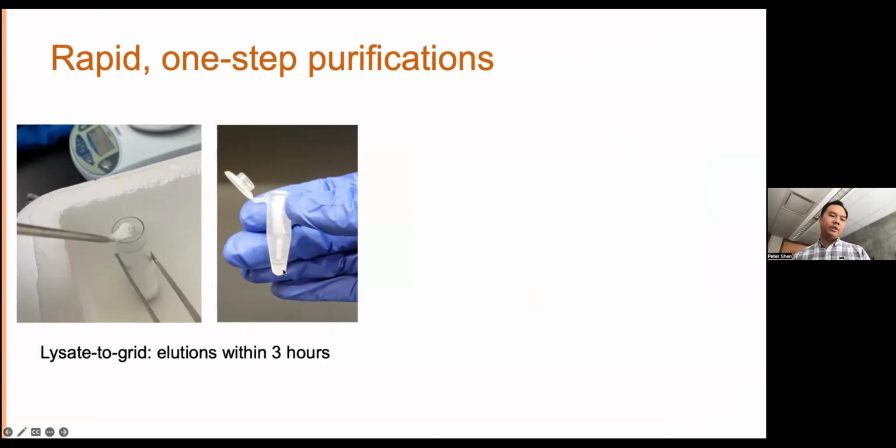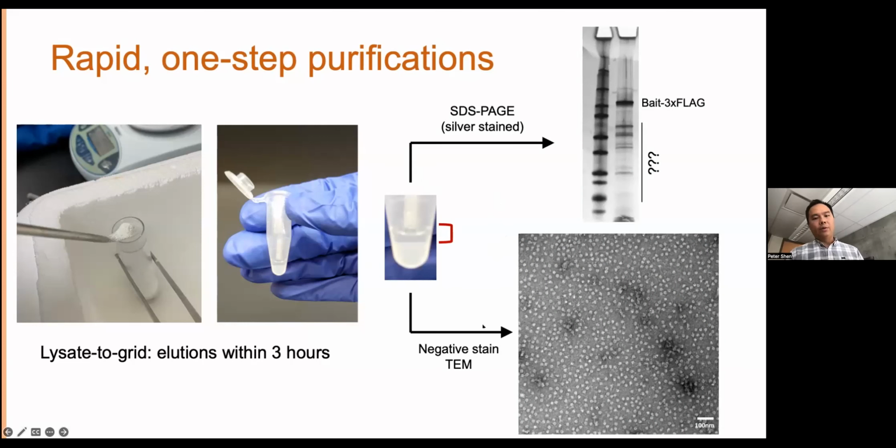And just another technical detail, we elute our samples off the resin with a competitive flag peptide. So the end product looks something like this. We typically achieve about 30 microliters, which is plenty of material to run some quality control assays and also to freeze several grids.